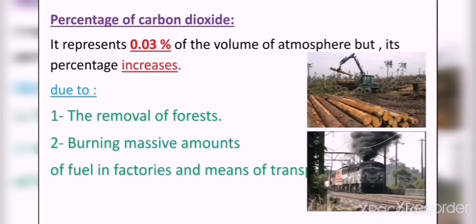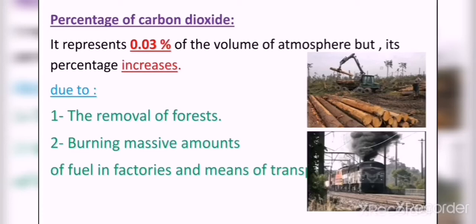If you remove the green plants or the forests, the percentage of the carbon dioxide gas will increase, because the green plants take the carbon dioxide gas, and if you remove them, the carbon dioxide gas is not taken.